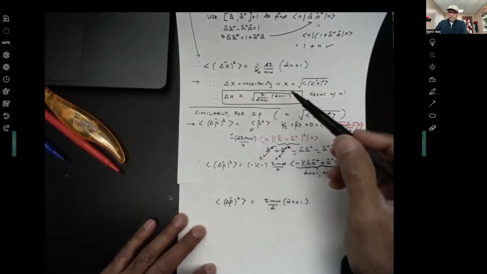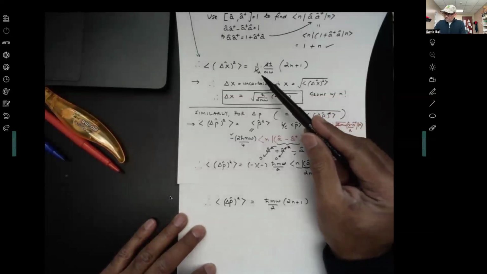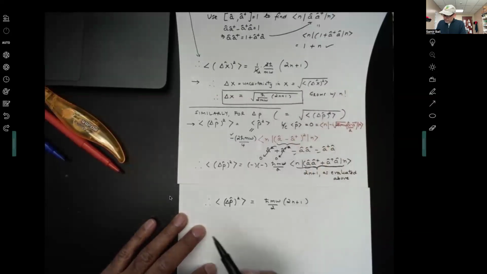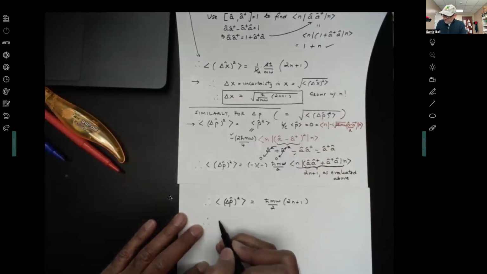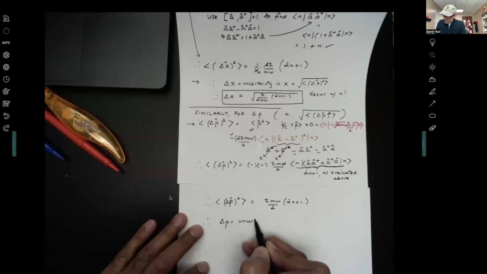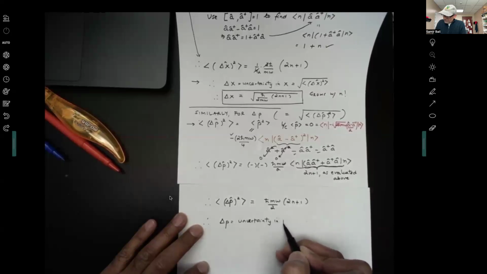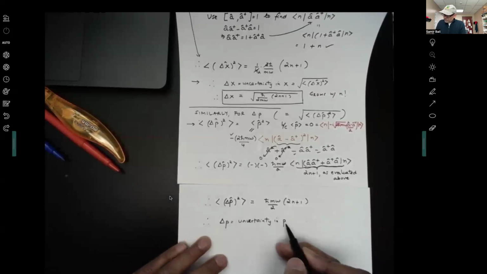And so you can compare it with the delta x squared. The delta p, which is the uncertainty in momentum, is the square root of what we just calculated.